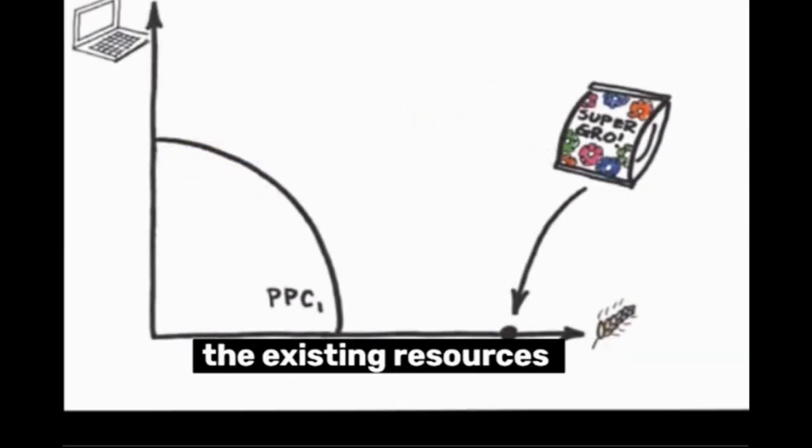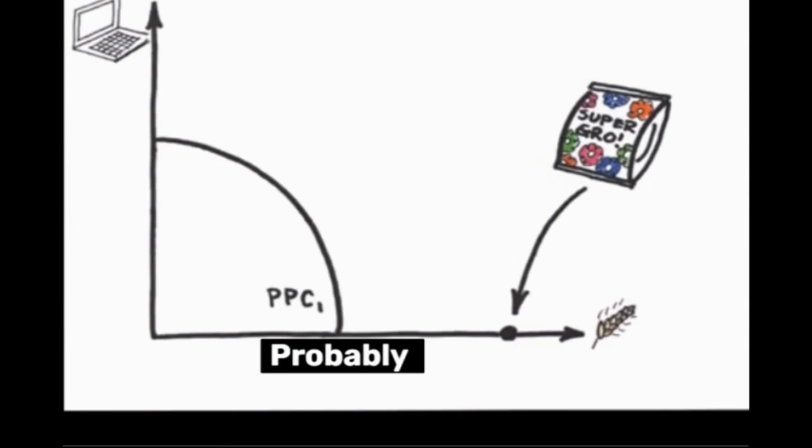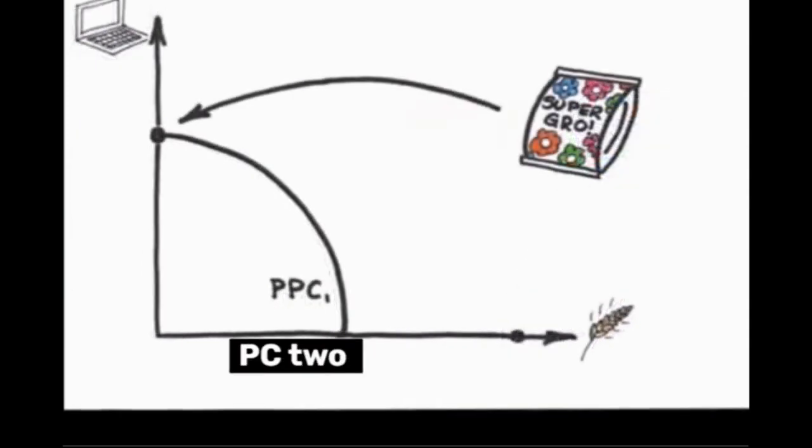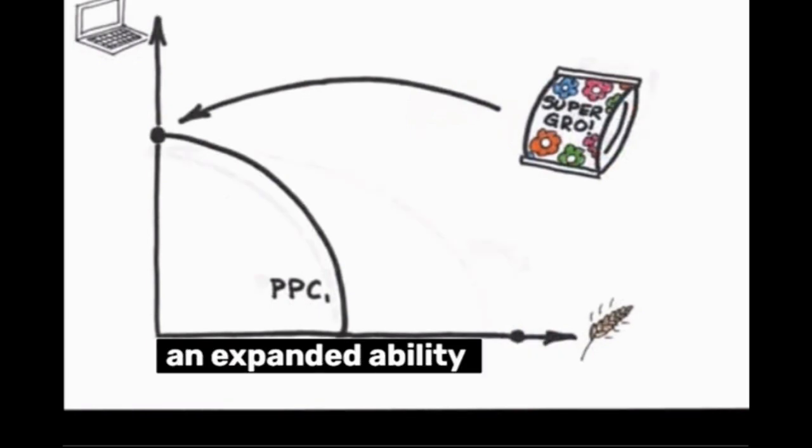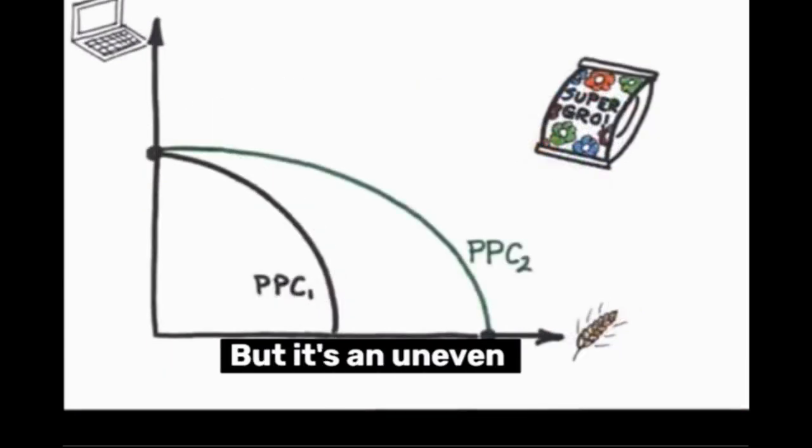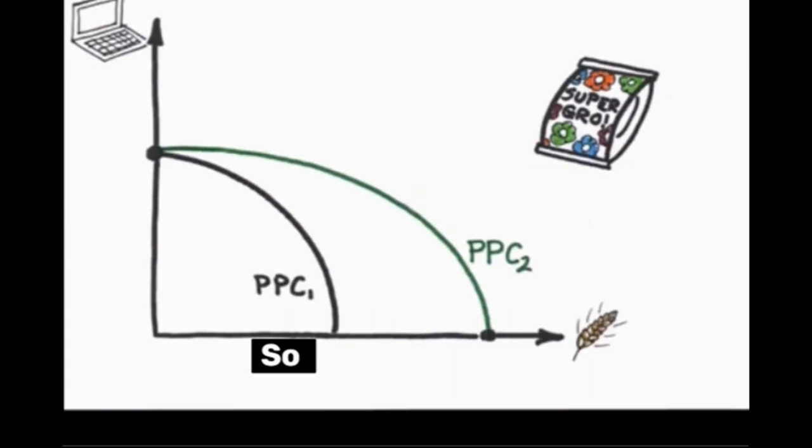But what happens to the manufacturing output when you use all of the existing resources and then add fertilizer? Probably nothing. So the new PPC, PPC2, does illustrate an expanded ability to produce, but it's an uneven shift. For now, though, just to keep things simpler, I'm just going to show even parallel shifts.